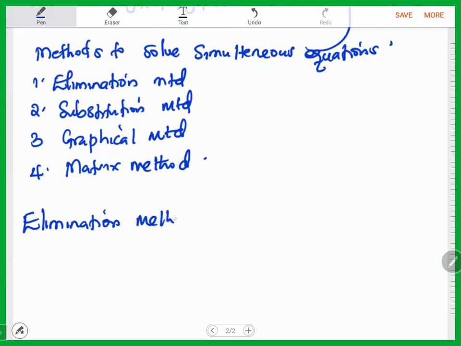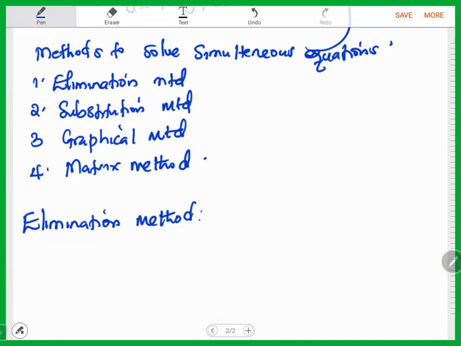Like I said, in this method, we've got to add or subtract the equations to get an equation in one variable. If the coefficients of one of the variables are the same, we subtract; if the signs of the coefficients are opposite, we can add them.